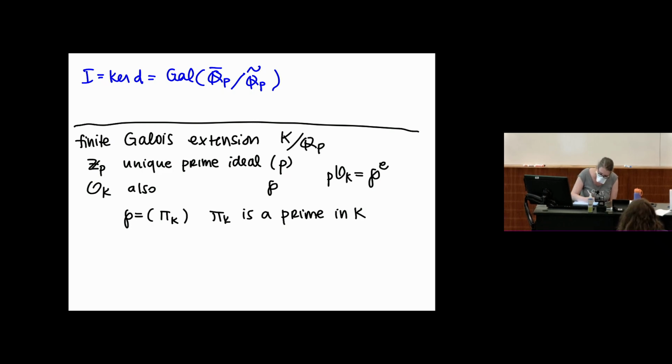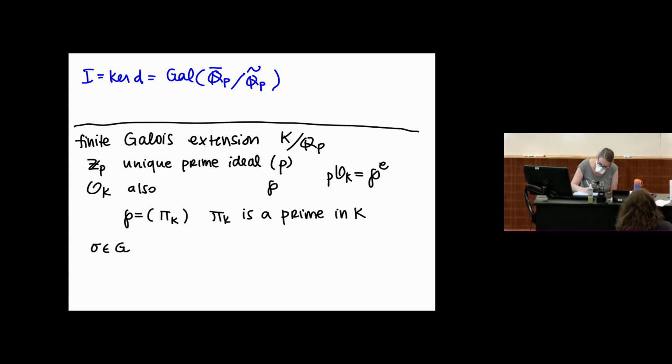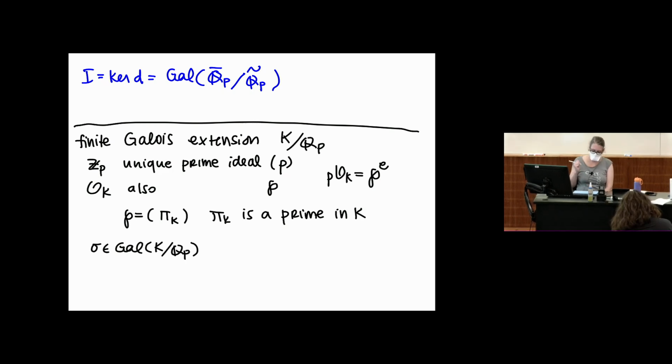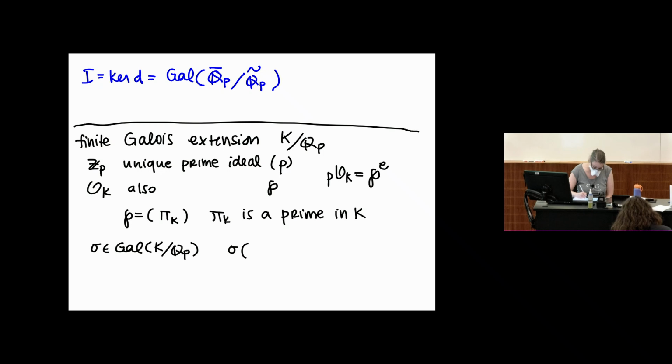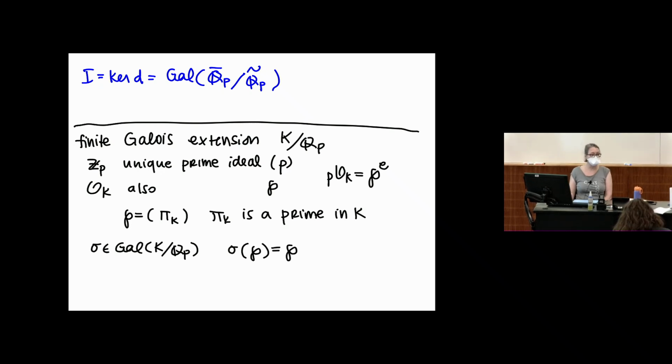And if you have an element of the Galois group of K over Q_p, it has to fix the prime ideal. So if you take a prime element, it has to send it to some unit times that prime element.